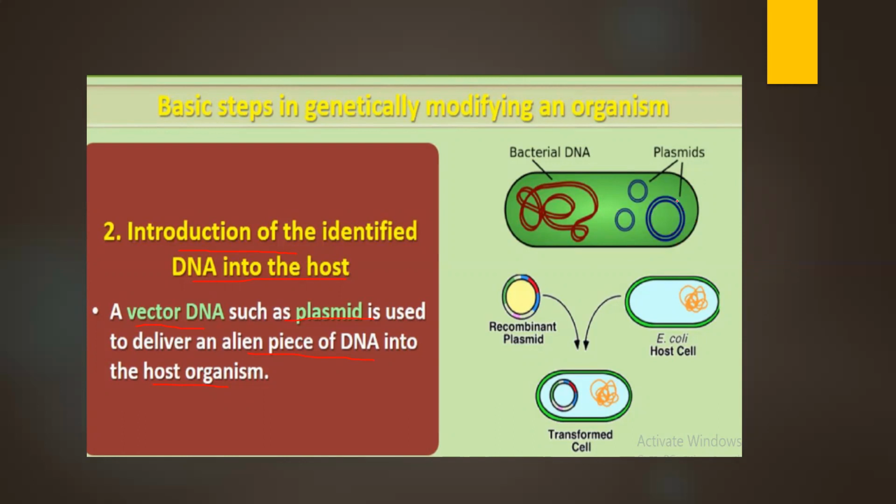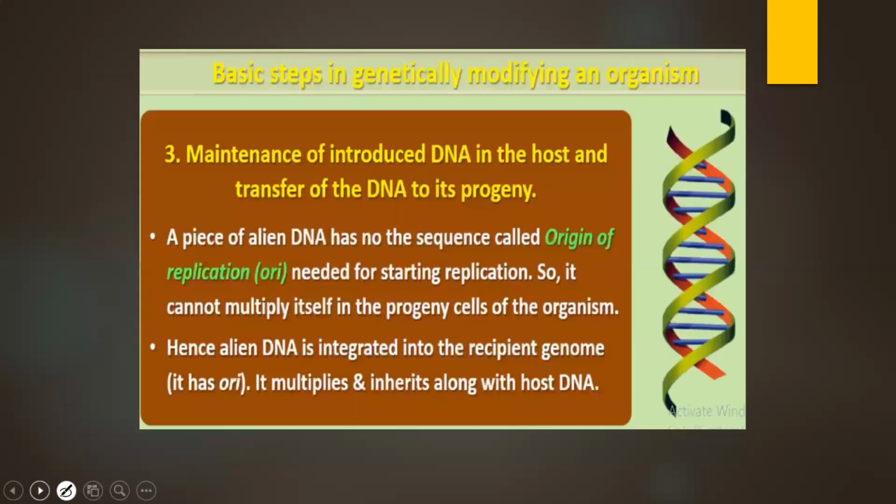We introduce a piece of our DNA, containing the desired gene, into the plasmid. Suppose this is the desired gene. Now you call it a recombinant plasmid, and then you introduce this recombinant plasmid into the host.